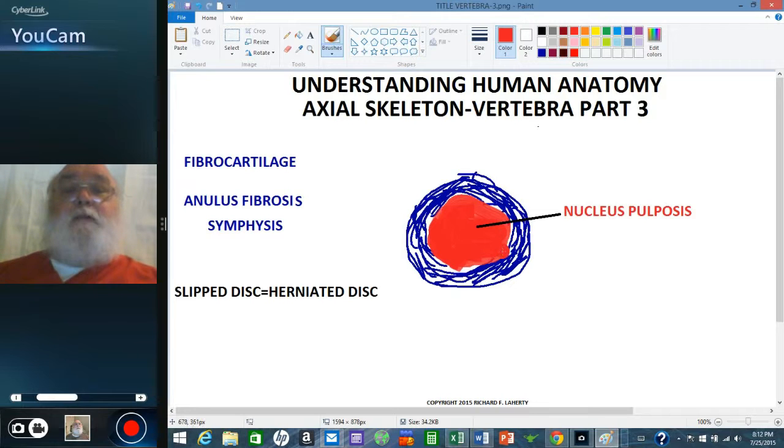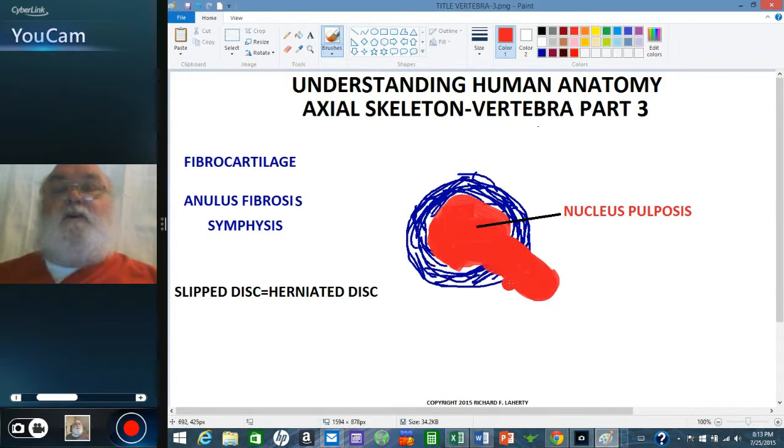And when that happens, the nucleus pulposus can gradually work its way out through that hole or defect. And the nucleus material, the gelatinous material of the nucleus, will then protrude out where it can put pressure on structures nearby.